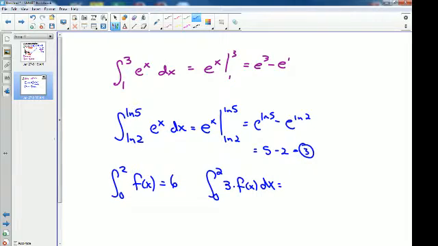What is the integral from 0 to 2 of 3 times f of x? Yeah, it's 18. 3 times 6.